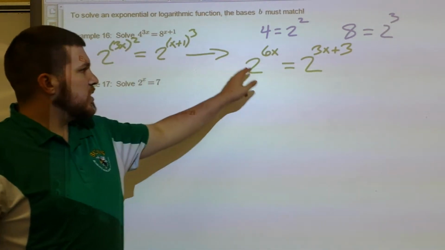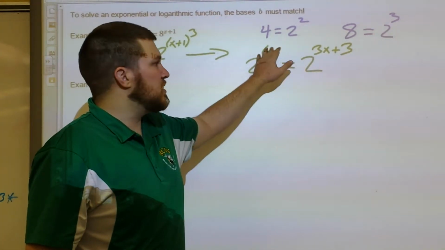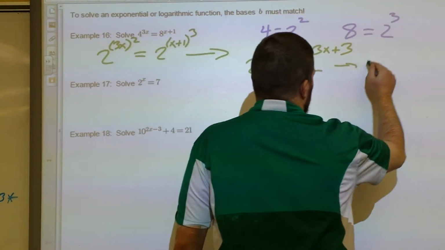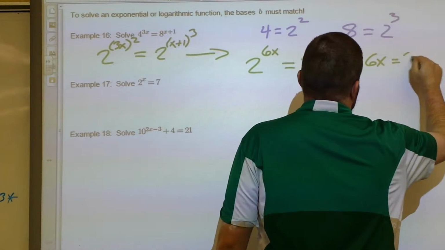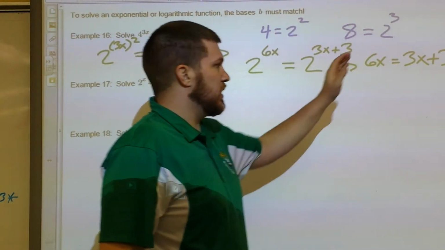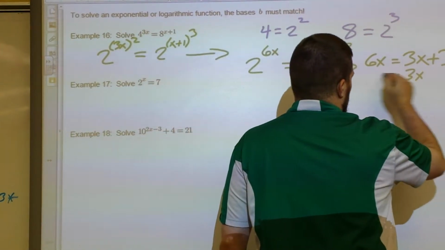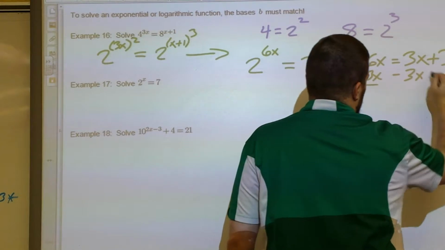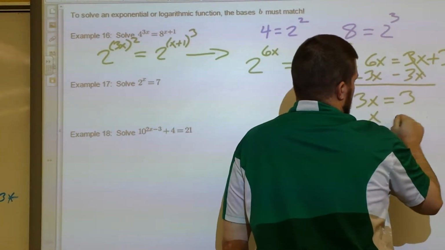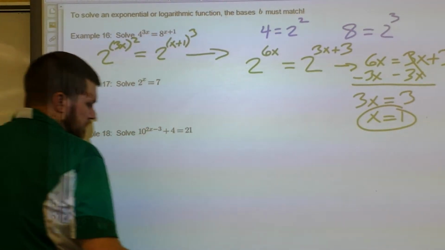As soon as you get the bases the same, if the bases are the same, that means the powers have to be the same. So that would mean 6x is equal to 3x plus 3, and now we can solve very easily. I'm going to take 3x and move it over to the left. So I have 3x equals 3, so that means x has to be 1. Right? Not too bad.